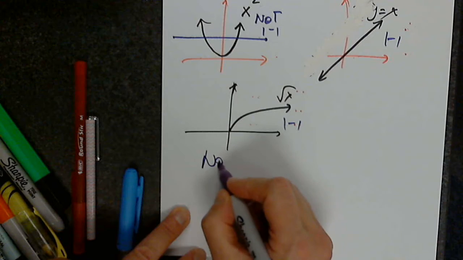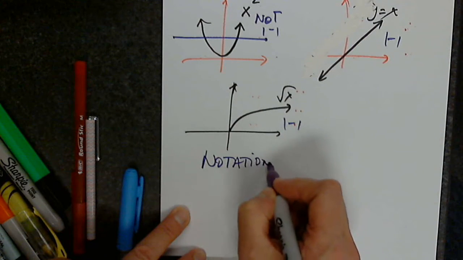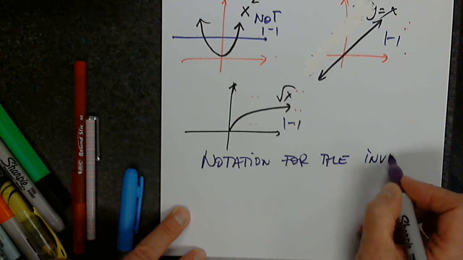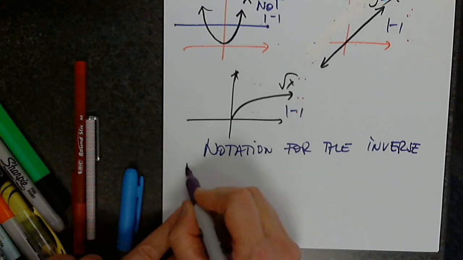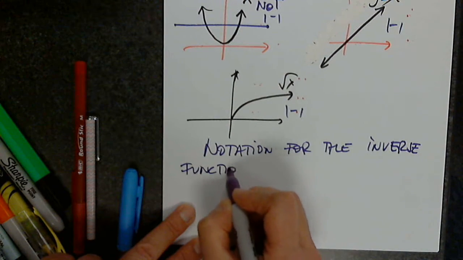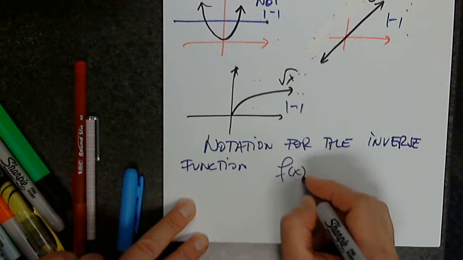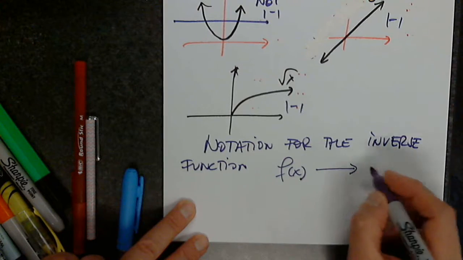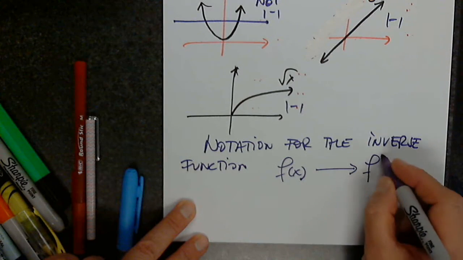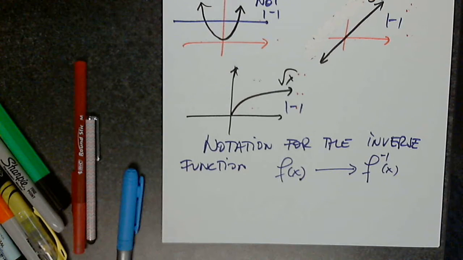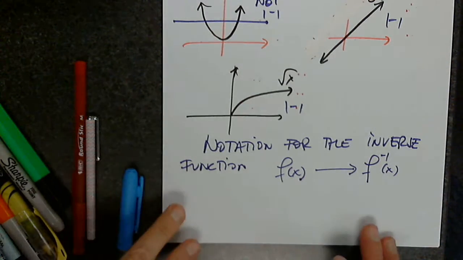First of all, notation for the inverse function. If the function is denoted by f of x, its inverse is denoted by f inverse. And no, this does not mean 1 over f, and it does not mean f raised to power -1.